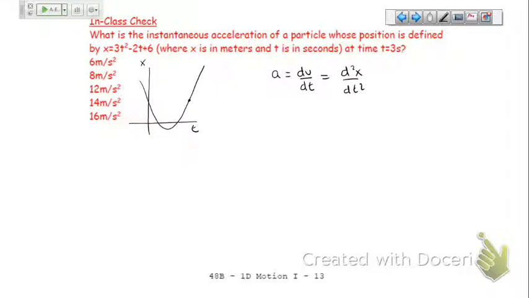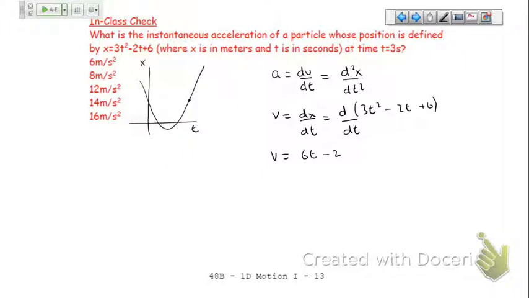So let's do it in steps. I'm going to say v equals dx by dt, which equals d by dt of 3t squared minus 2t plus 6. So v is equal to 6t minus 2.